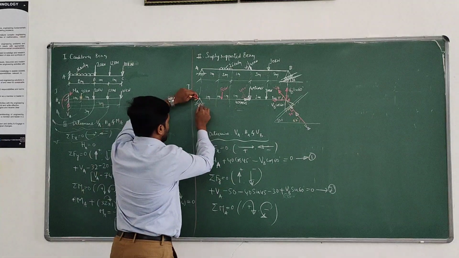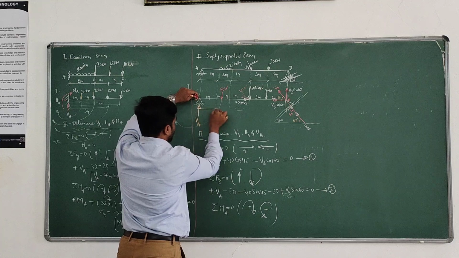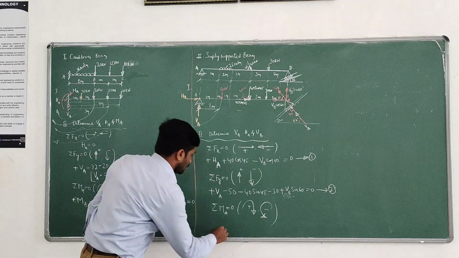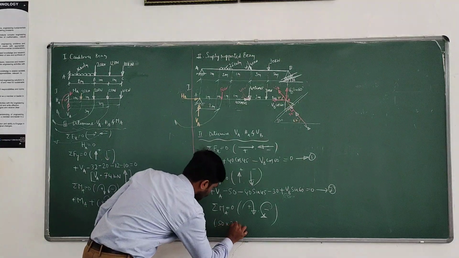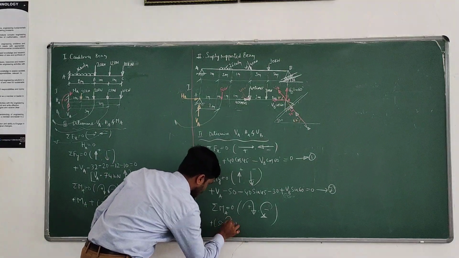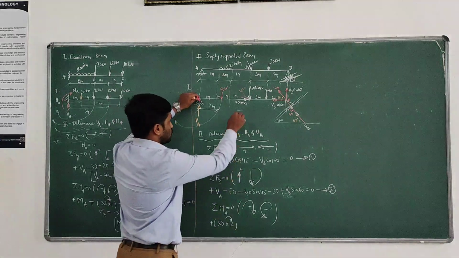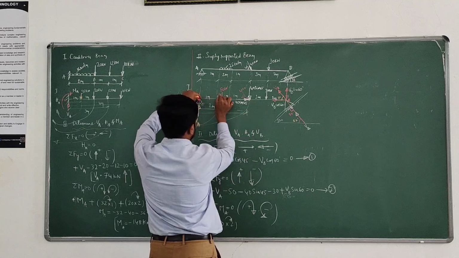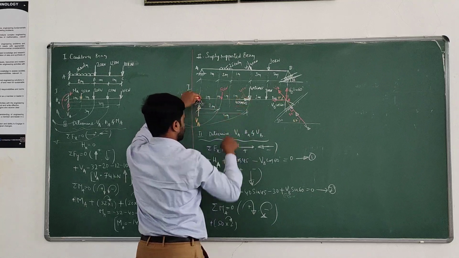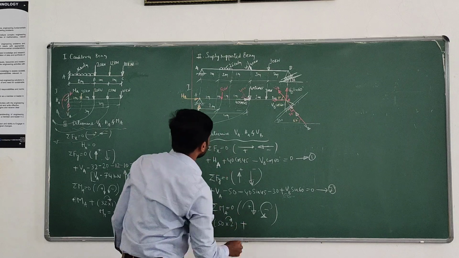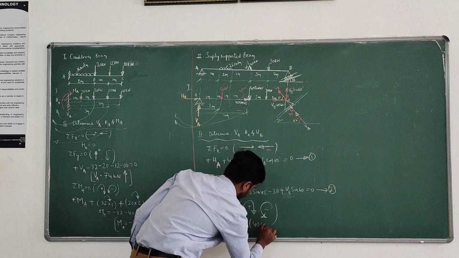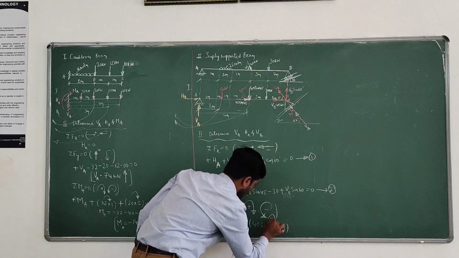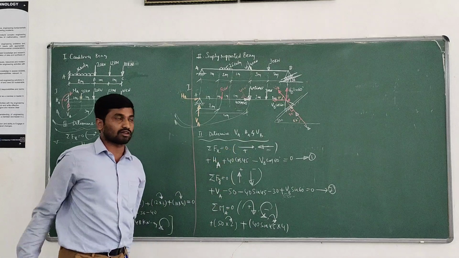But this 50 will rotate about A in the clockwise direction with a perpendicular distance of 1 plus 1, 2 meters. That is plus 50 into 2. Next, 40 sin 45 rotates about A; the total distance is 1 plus 1 plus 1 plus 1, 4 meters, so plus 40 sin 45 into 4, also clockwise.